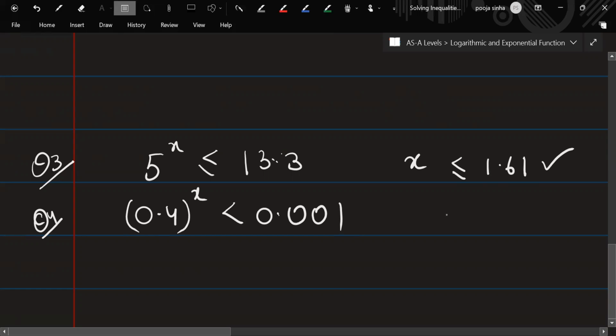Solve this. You have to note that 0.4 is less than 1.